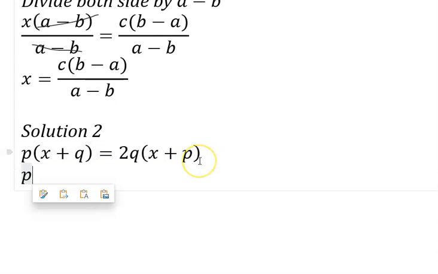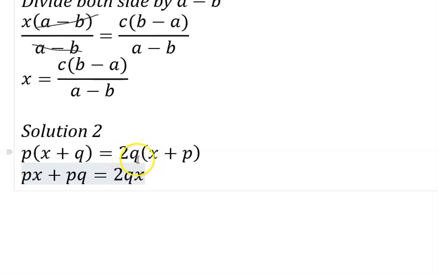Awesome. So if you say P times X, it will give you PX. We have our plus in front of Q, because if you say P times plus Q, it will give you plus PQ. That's for the left hand side. Now for the right hand side, if you say 2Q times X, it will give you 2QX.